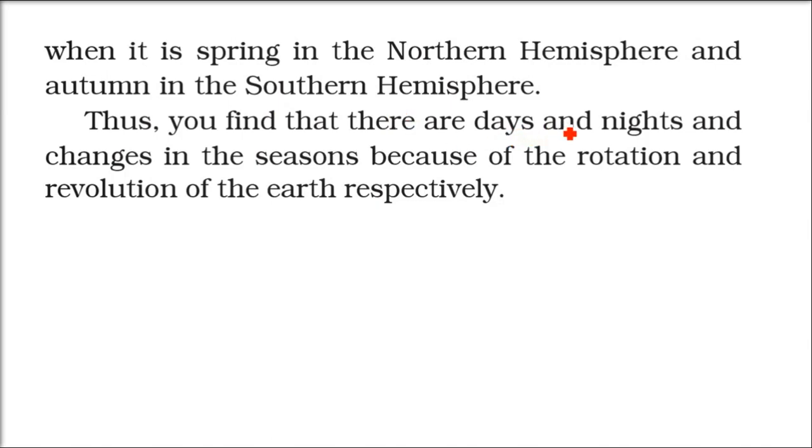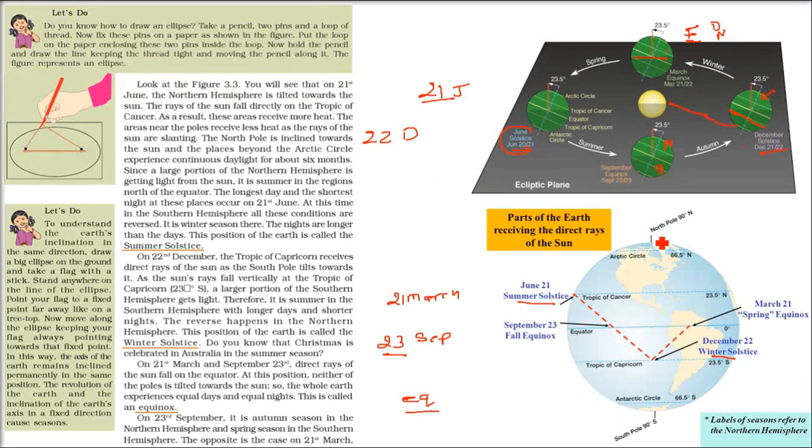So what you find is that the changes in day and night and the seasons are because of rotation as well as revolution. Because of the motion of the earth, these seasons are changing. These are the phenomena taking place because of all the motions of the earth.